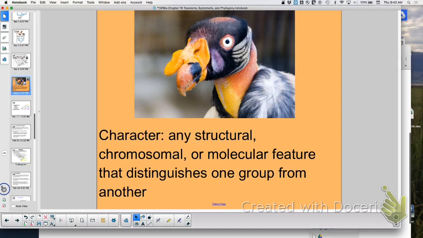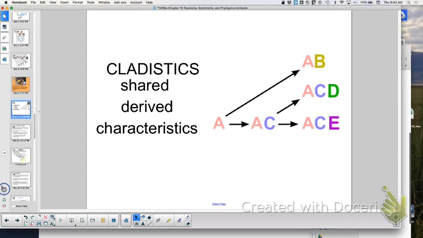And when we look at characters, you might tend to look at just morphology, like this big orange thing hanging over their beak. But it could also be chromosomal or molecular, in the sense it could be a protein, or the sequence of amino acids in that protein. Switch, other bio buddy, explain cladistics using this diagram, please. Go ahead.